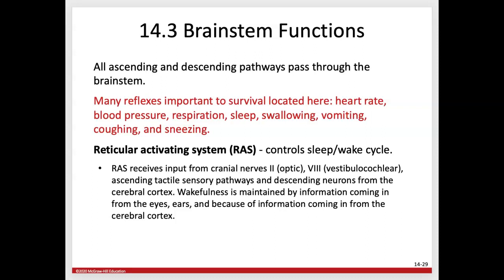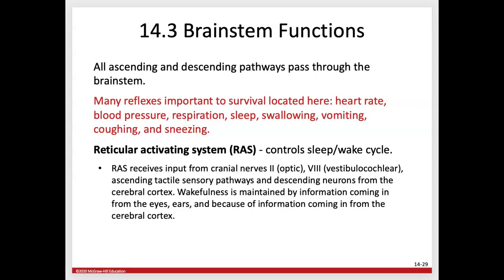The brainstem functions: we have ascending and descending pathways that pass through the brainstem. Many reflexes important to survival are located here, like heart rate, blood pressure, respiration, sleeping, swallowing, vomiting, coughing, and sneezing. The RAS, the reticular activating system, helps to control the sleep-wake cycle.